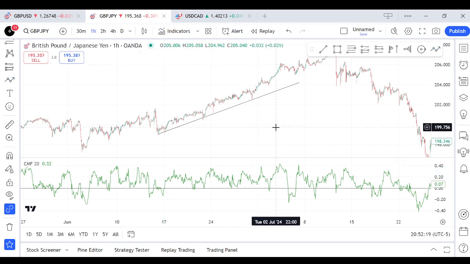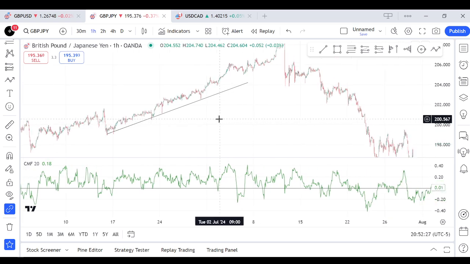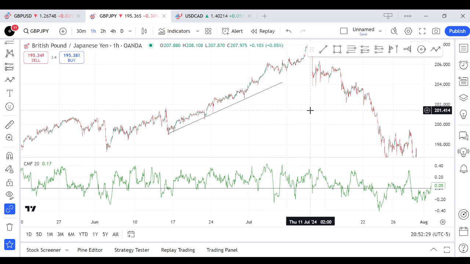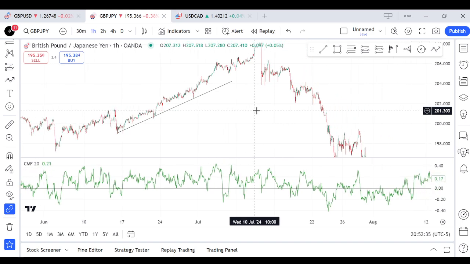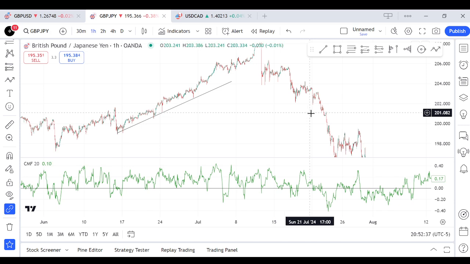So the next strategy is you can use the CMF to spot divergences. Divergences between price action and CMF can provide early warning signals of potential reversals.